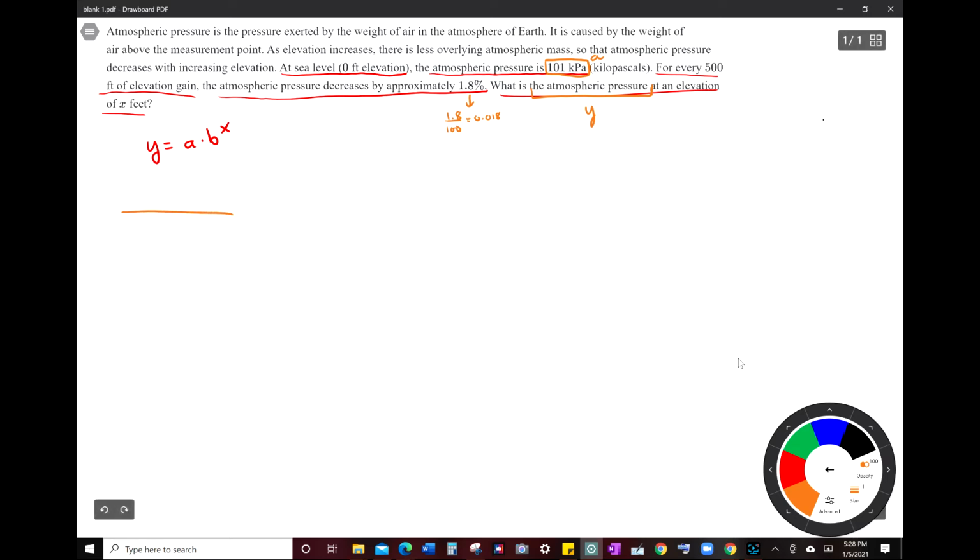With the table, we have x, which is the elevation in feet, and y, which is the atmospheric pressure in kPa. From this equation, we can replace the values we know.